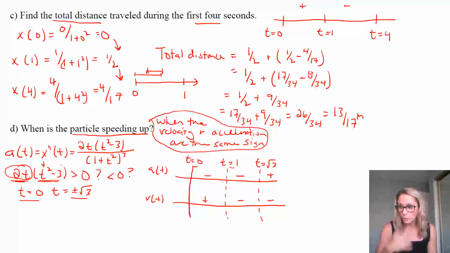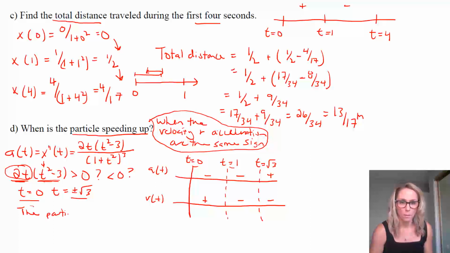What it tells us for our purposes is that the particle is going to be speeding up, in the negative direction, from 1 to the square root of 3.